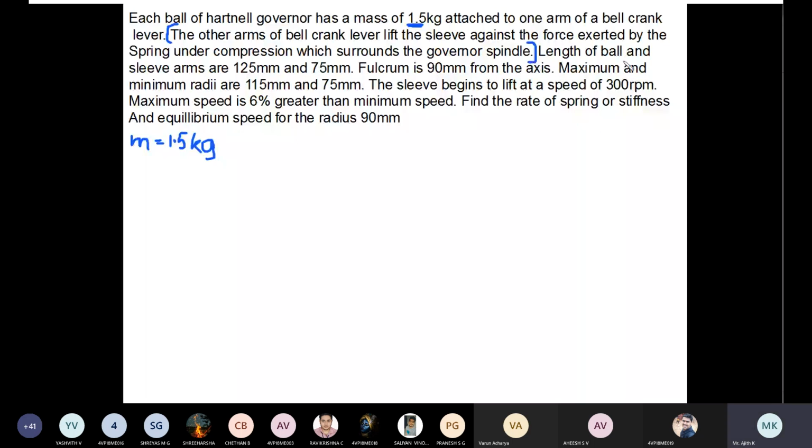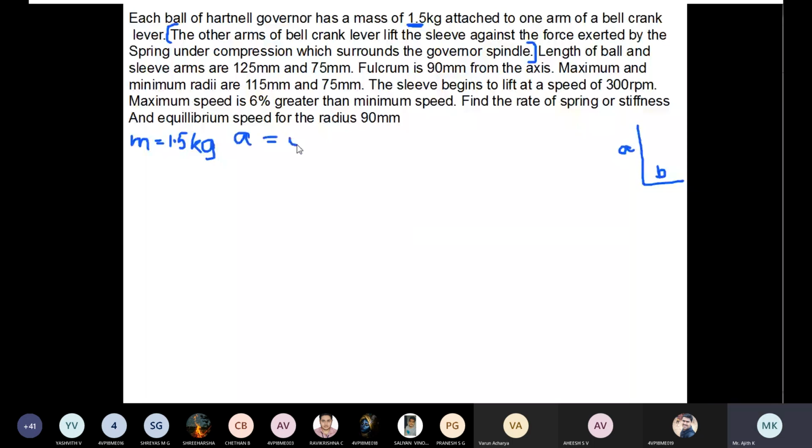Length of the ball arm and sleeve arm are 125 and 75 mm. If you consider these two arms, this is the ball arm A, this is the sleeve arm, and the dimension is B. The length of the ball arm is 125 mm.